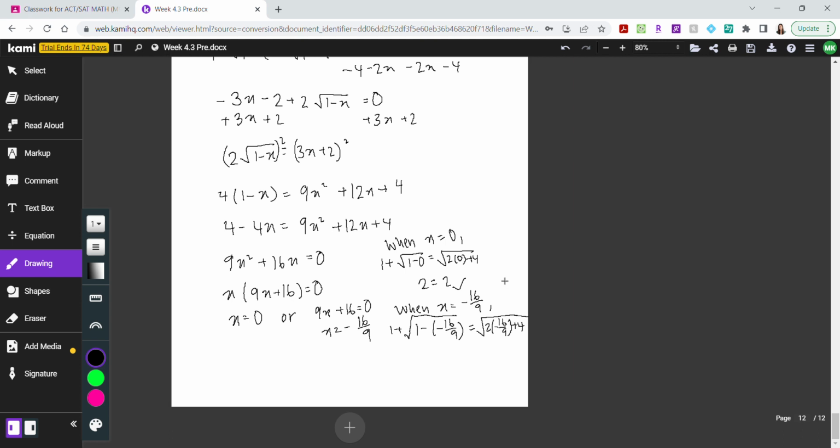Alright, once we put it all into the calculator, we are actually going to get 8 over 3 equals 2 over 3. But these don't equal each other, so it's false. We're going to reject this solution. Therefore, our only solution to this radical equation is x equals 0.